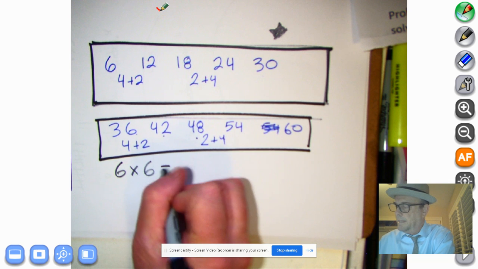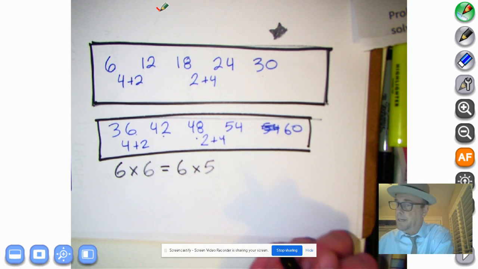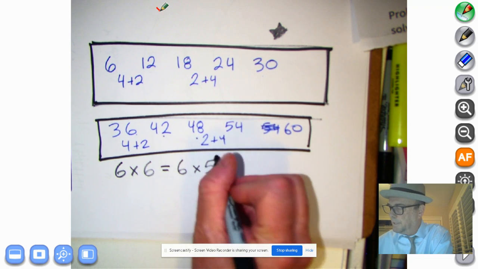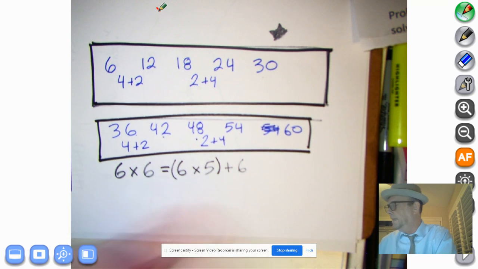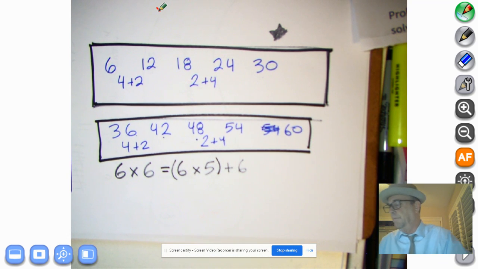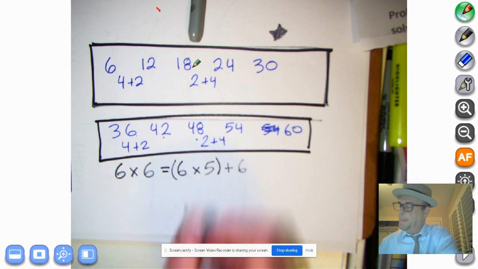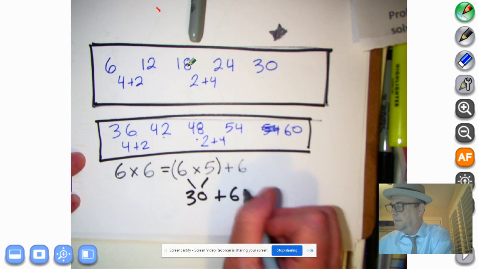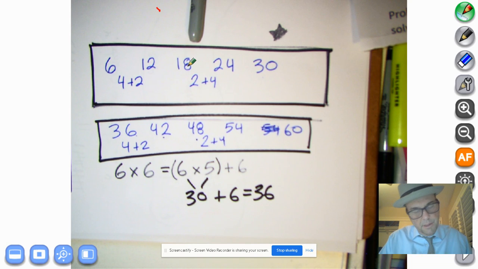Let's think about it as 6 times 5, which we should know our 5s by now, 5, 10, 15, 20, 25, 30, plus, and I'm going to put these in parentheses, plus 6. So there's my 6 times 5, which is 30, and we add on the 6 to get 36, right? 6 times 5 is 30, plus 6 equals 36.